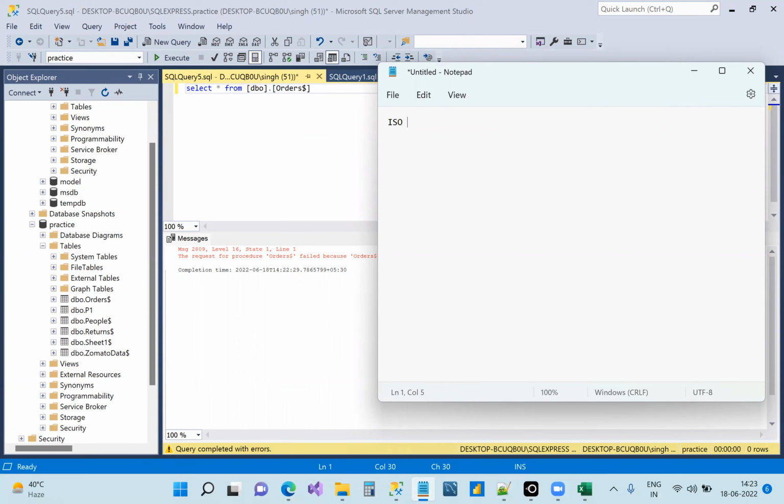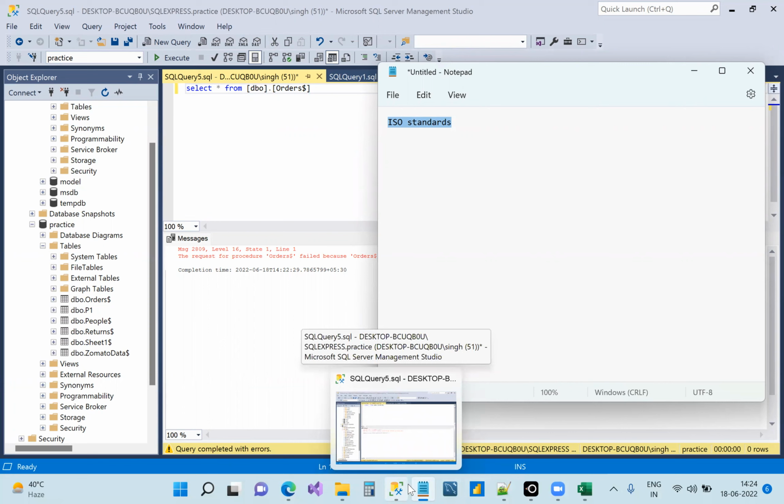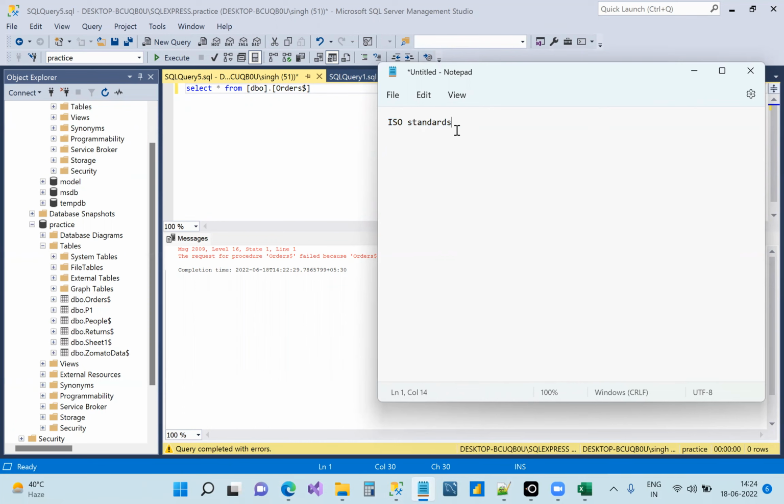No matter which platform you use, they have to follow ISO standards. These standards are the same across platforms. So if today we are writing on SSMS, tomorrow if you want to write on Oracle, PostgreSQL or MySQL Workbench, these standards will be the same. So what are those standards that we are going to learn?